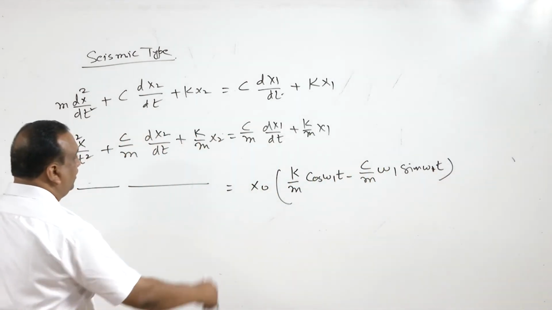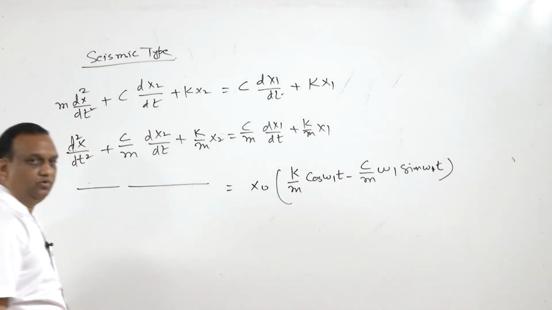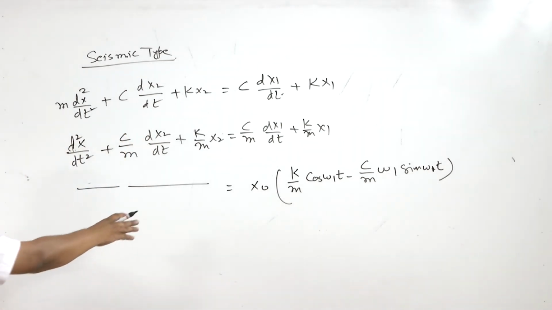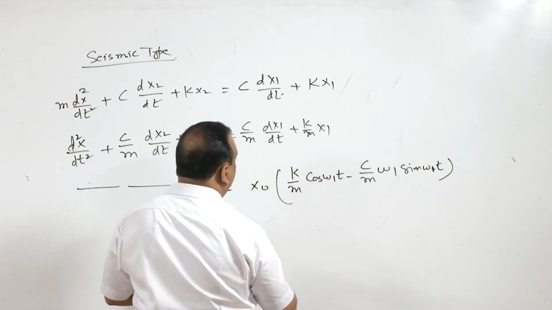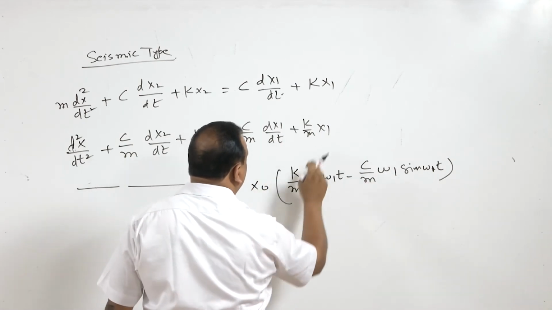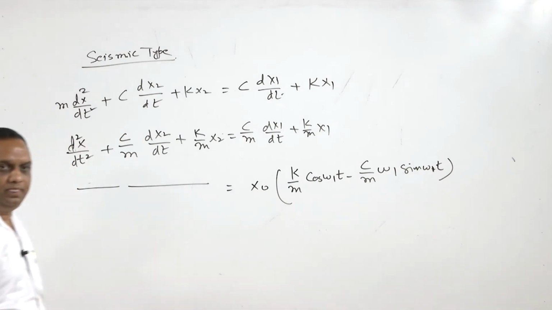Because x1 is equal to xo cos omega 1 t, we are just differentiating it once, and then k by m cos omega 1 t, right?